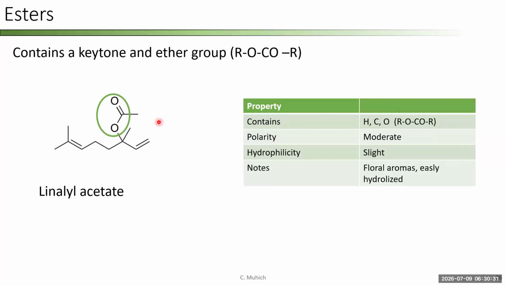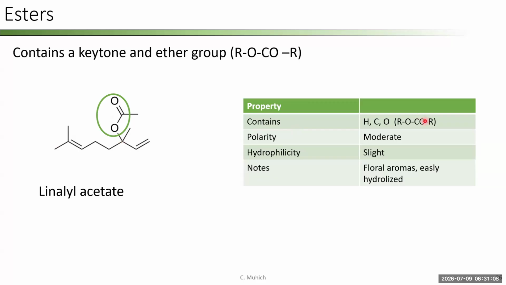So an ester contains both a ketone group and an ether group right next to each other. So we have this ketone, right? A non-terminal oxygen double bonded to a carbon, and that same carbon is connected to an oxygen, which is connected to another carbon group.